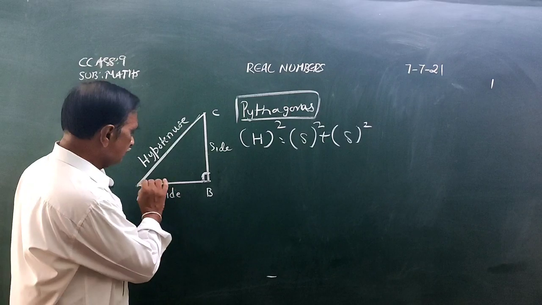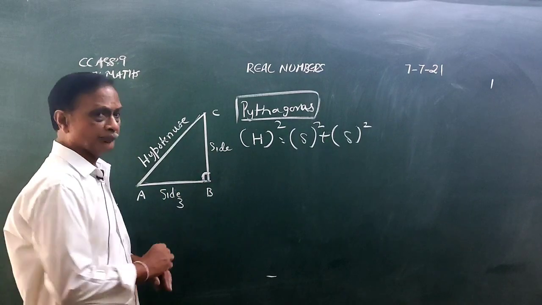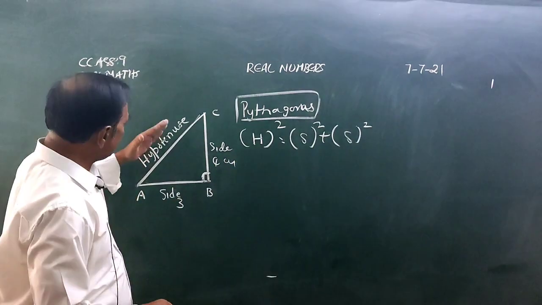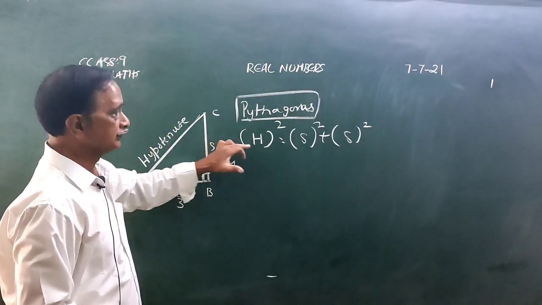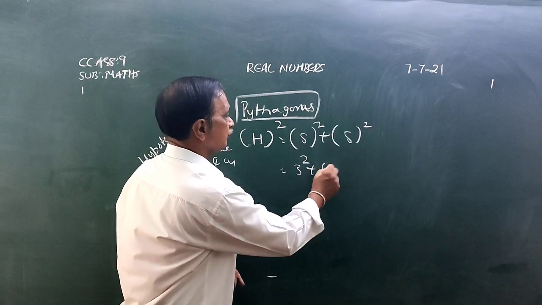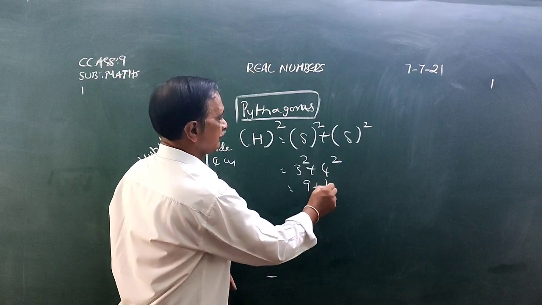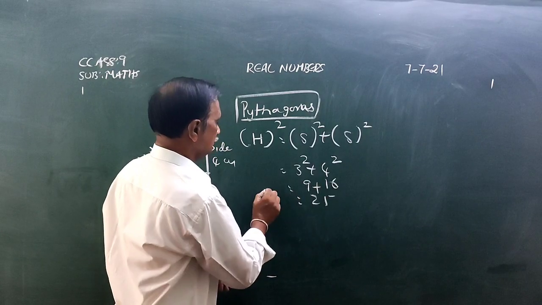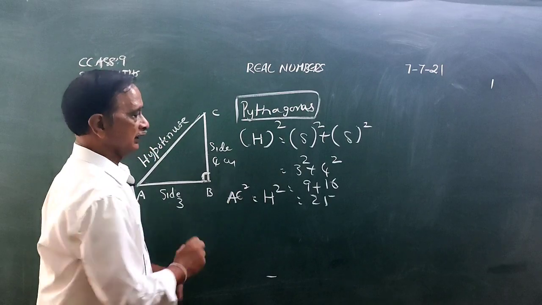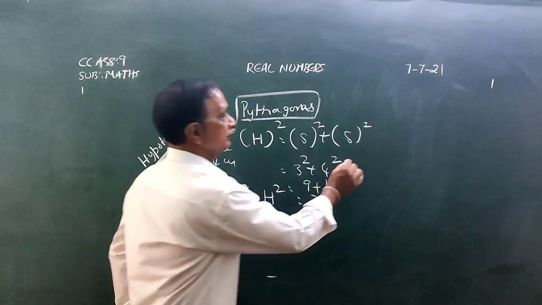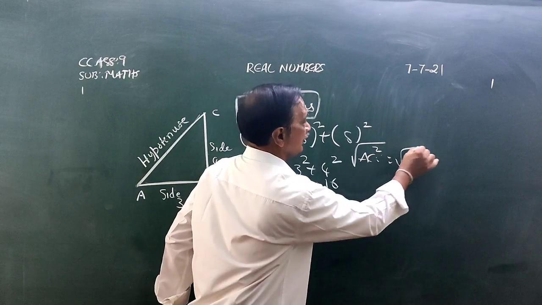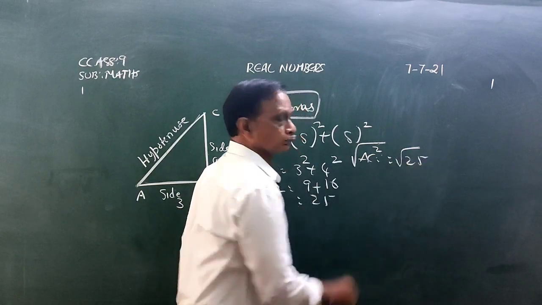Now, suppose the length of AB is 3 cm and BC is 4 cm. You can find the length of the hypotenuse by using this relation. What is that? 3 square plus 4 square, 9 plus 16, 25. So hypotenuse square, AC square, is equal to 25. Finding the square root on both sides, root of AC square equal to root 25.